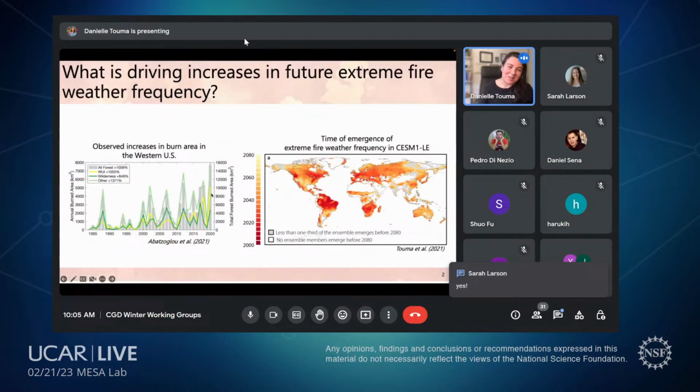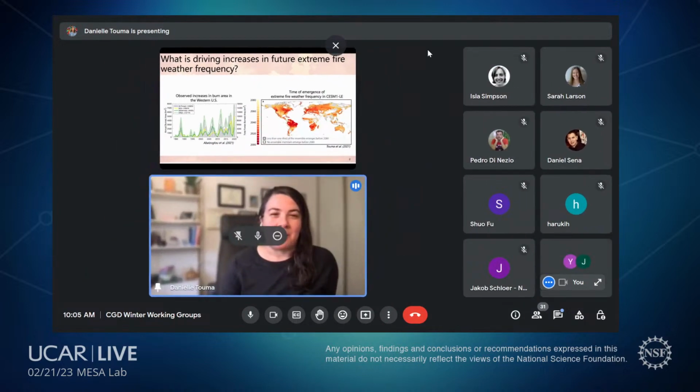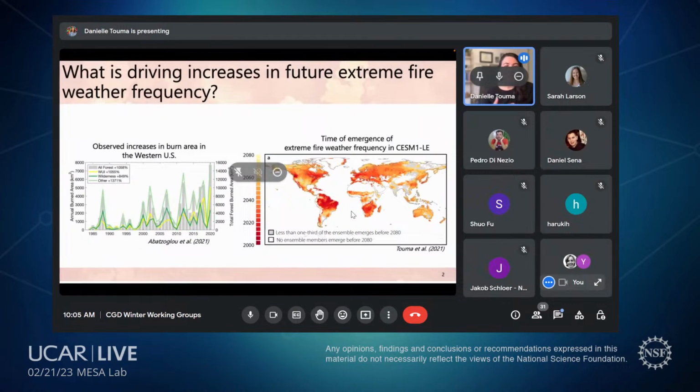So yeah, we've seen recent increases in area burned in the Western US. And then if we look towards the future, there's been a few studies showing that extreme fire weather frequency, these are weather conditions that can drive really large wildfires, is expected to continue to increase into the future.